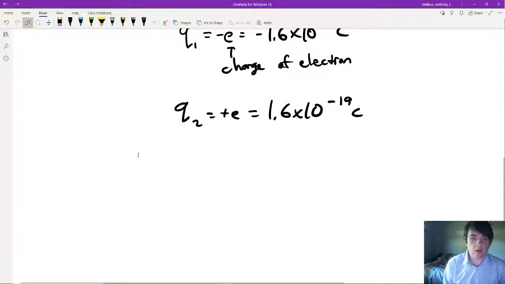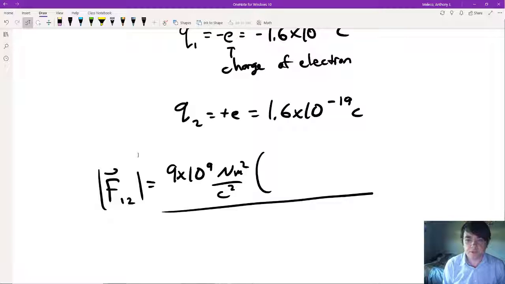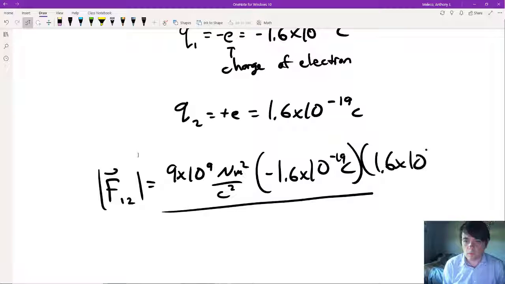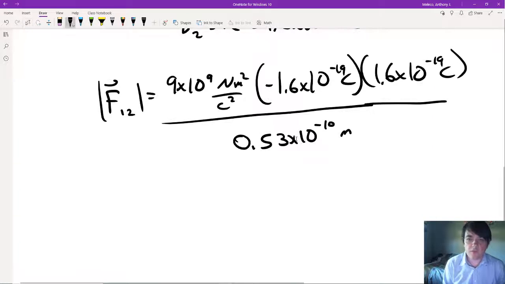So if we plug in all of that, we write the magnitude of F12 equals 9 times 10 to the 9th newton meter squared per coulomb squared, and then we multiply that times our two charges, over 0.53 times 10 to the minus 10 meters, and this is squared.